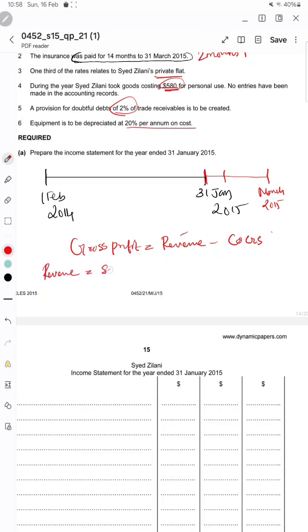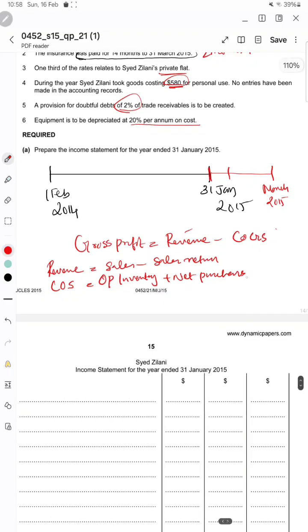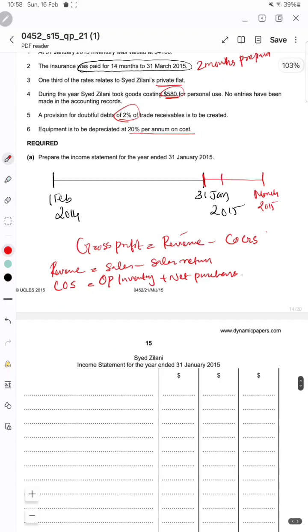Revenue means sales minus sales return. Cost of goods sold means opening inventory plus net purchases minus closing inventory.